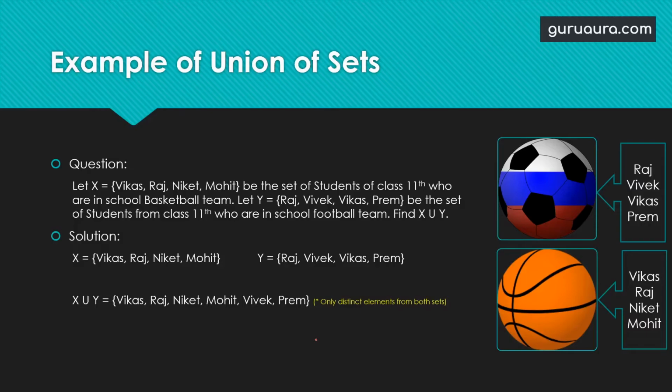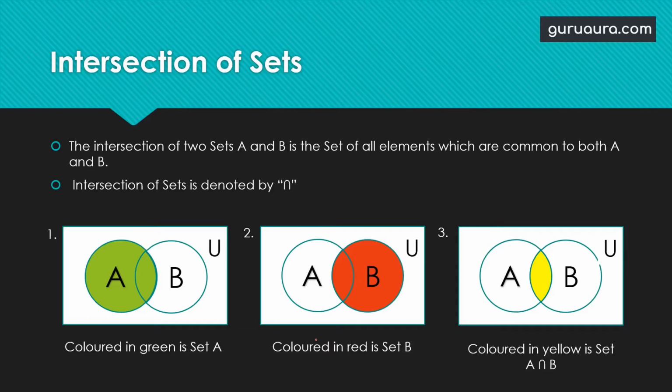Let's move to the next operation on sets, which is intersection of sets. Let's consider two sets, set A and set B. And the intersection of these two sets will consist of all the common elements shared between the two sets. The same is represented in figure 1, 2 and 3. Set A is highlighted in green.